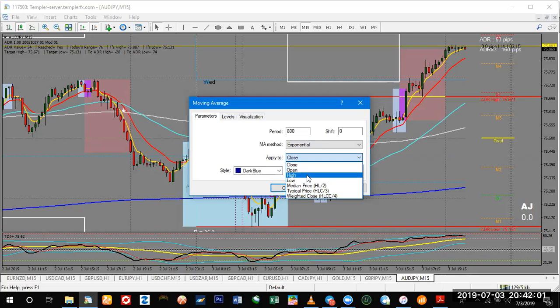When it's high, the high; the low, the medium price. So we use the close. We wait for a close of a candle to anticipate the direction of the next. So that's the basics of the moving average.